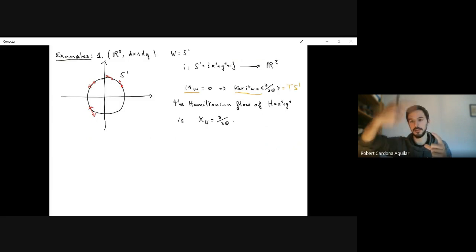So this is a line bundle, which is here drawn in red. Then what will happen, for instance, if you take as Hamiltonian function the radial function, the Hamiltonian flow along this level set will be exactly ∂θ.